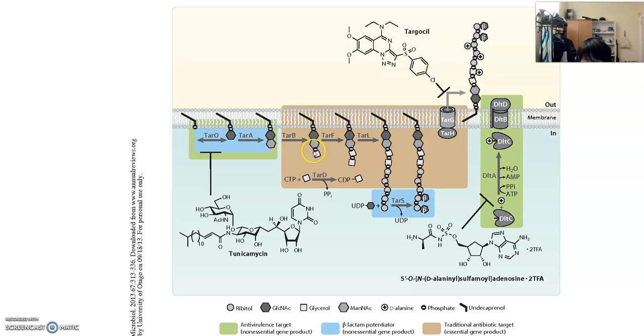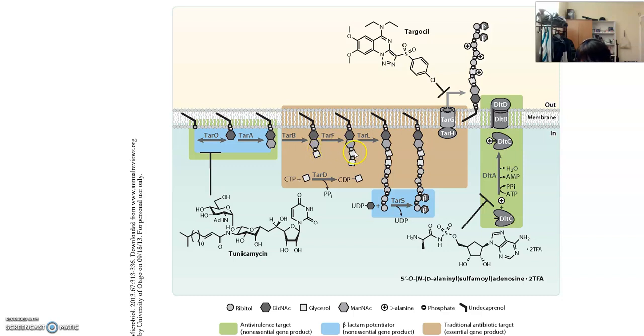Another thing to note here is that the disaccharides and the C55PP, all of these steps are highly conserved between species of gram-positive bacteria. So if you sequence a random species of gram-positive bacteria, you will likely see the disaccharides and the C55PP on its membrane, most of the time.